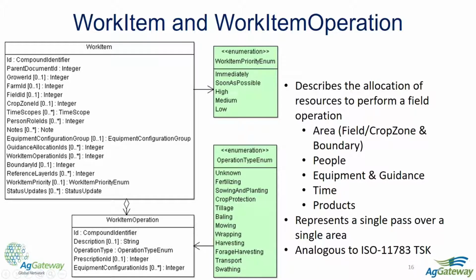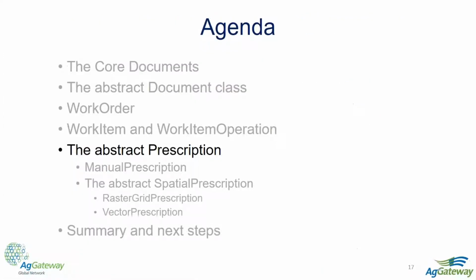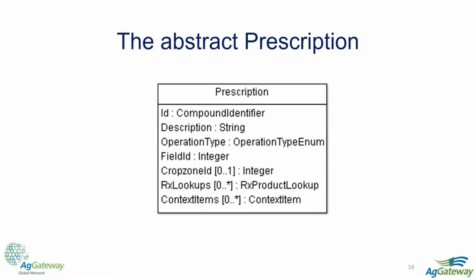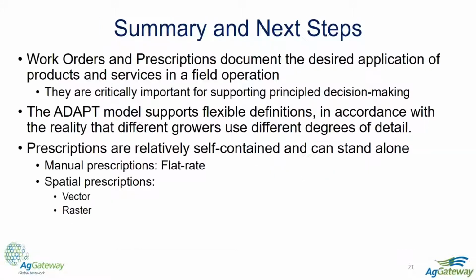So is it possible that prescription is the finest granularity? Yes, from a certain point of view. But remember, the prescription will not have equipment configuration data, which the work item operation will. So in our mind, a prescription is part of a work item operation, but it can also stand alone.